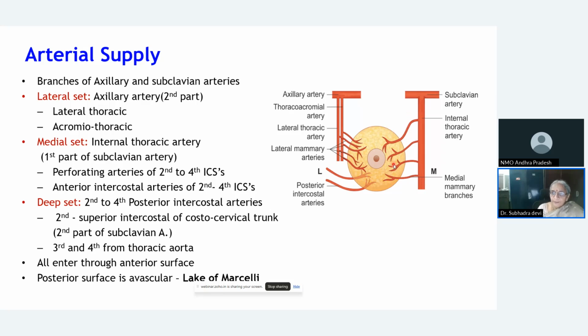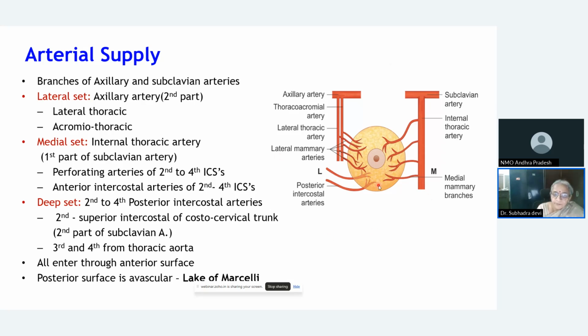It will give the perforating branches, arteries of the second to fourth intercostal spaces, and anterior intercostal arteries also will be supplying it. There is a deep set. The second to fourth posterior intercostal arteries are there. The second is from the superior intercostal, from the costocervical trunk, a branch of the second part of the subclavian. Third and fourth are from the thoracic aorta. So all these are entering on the anterior surface.